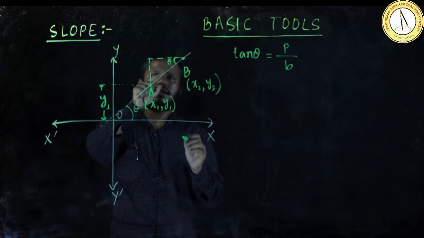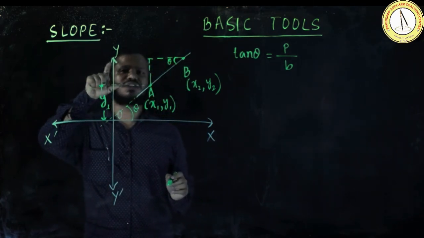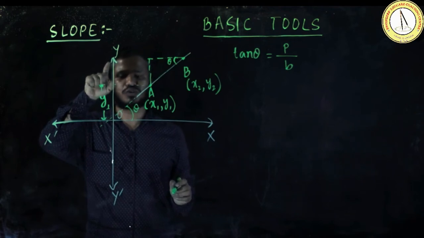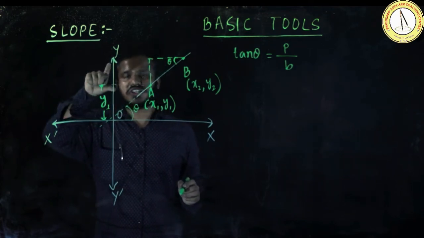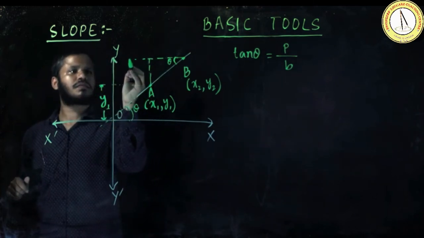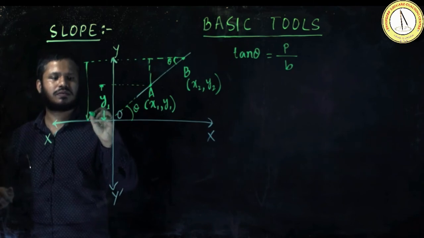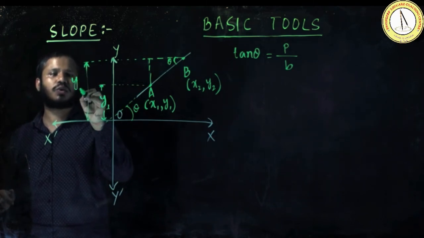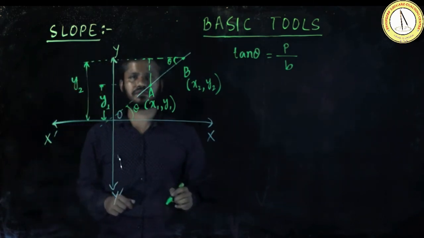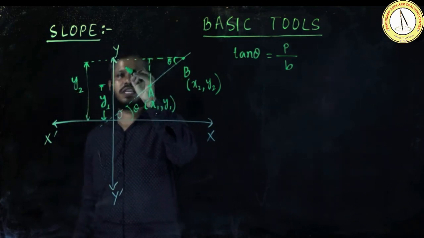Now again transfer the point B to the y-axis. Then what will be the distance of point B from the origin? The distance will be y2. Now what will be the length of perpendicular? y2 minus y1.